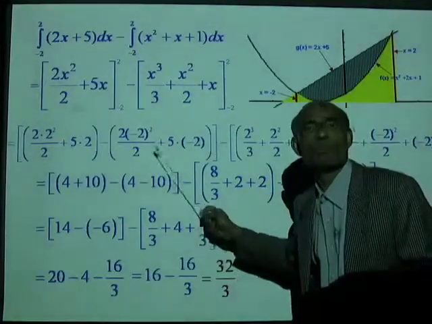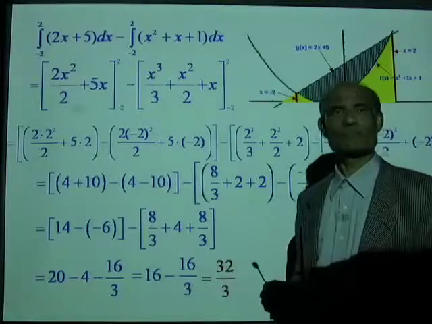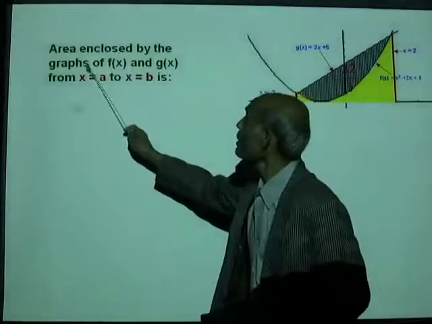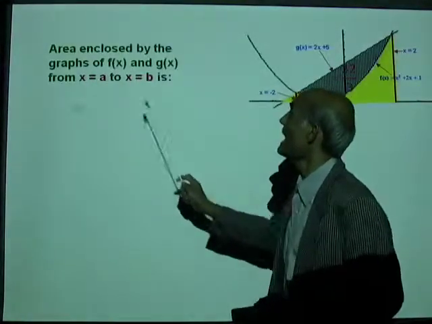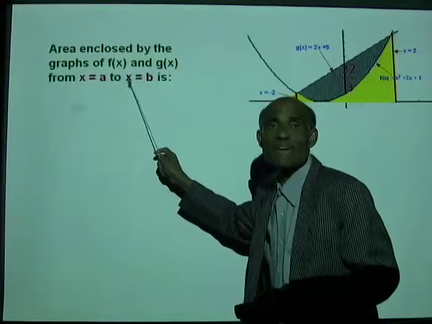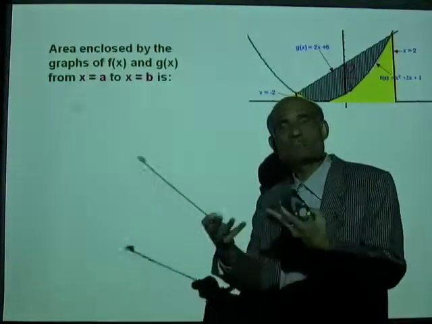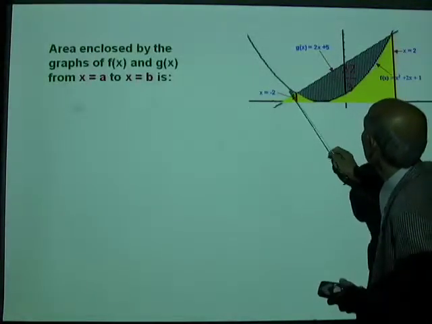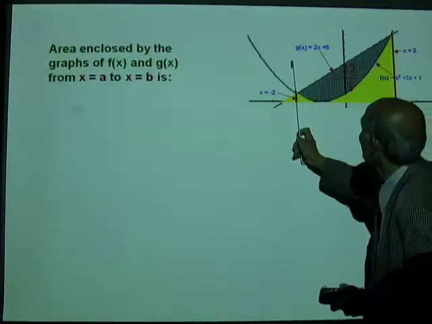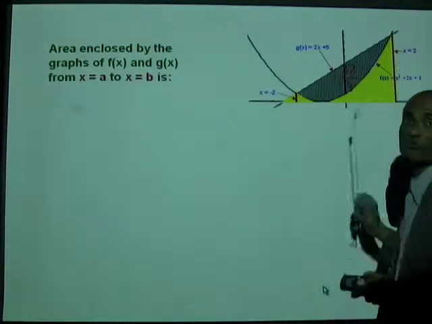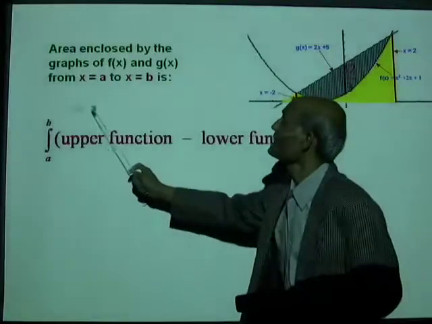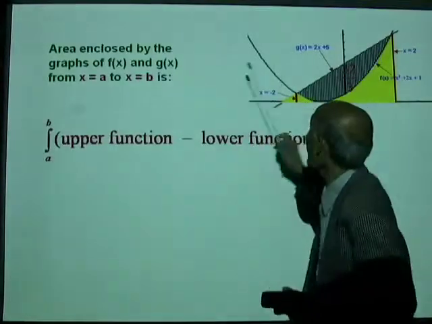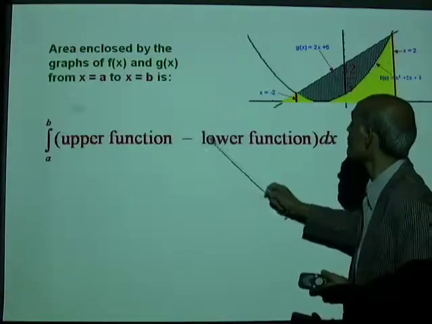Alright, try this on your own one more time, and that's the way to learn. Okay. So area enclosed by the graphs of f of x and g of x from x equal to a to x equal to b, let's generalize it. If this is f of x and that is g of x, this is x equal to a, this is x equal to b, how do you write the general form? It will be integral a to b of the upper function minus the lower function.